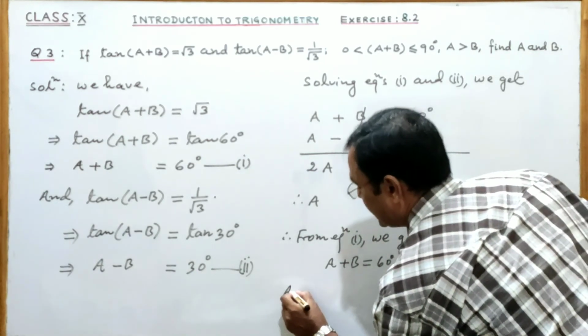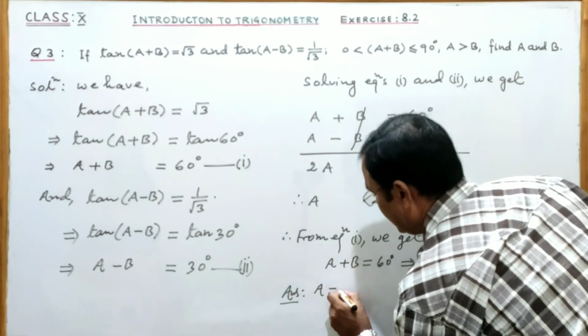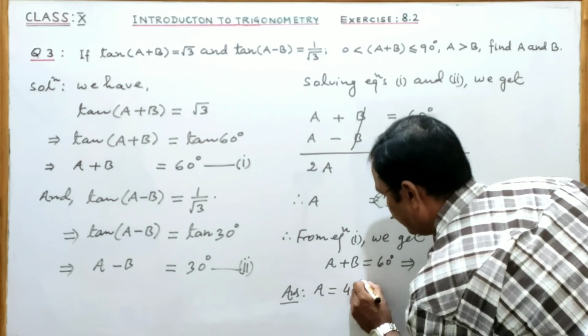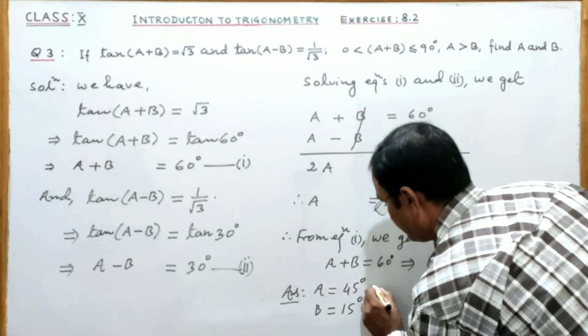So what is the answer of this question? Answer is angle A equal to 45 degrees and angle B is equal to 15 degrees.